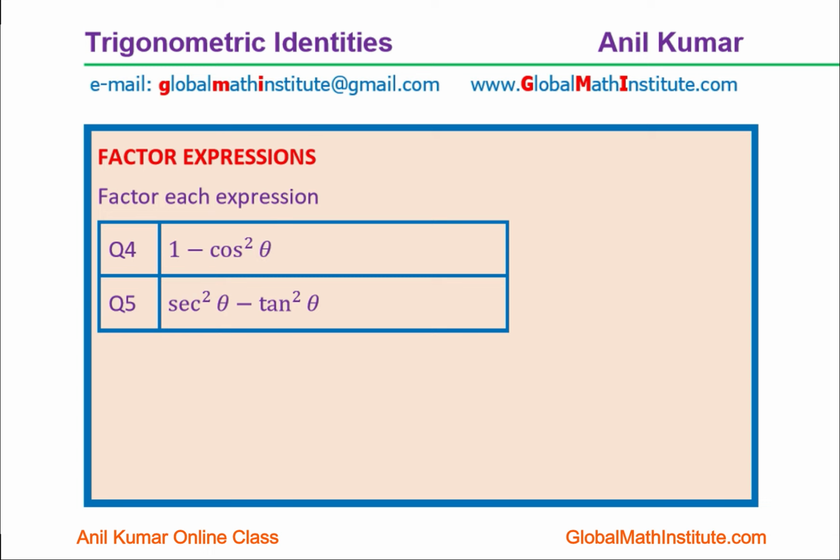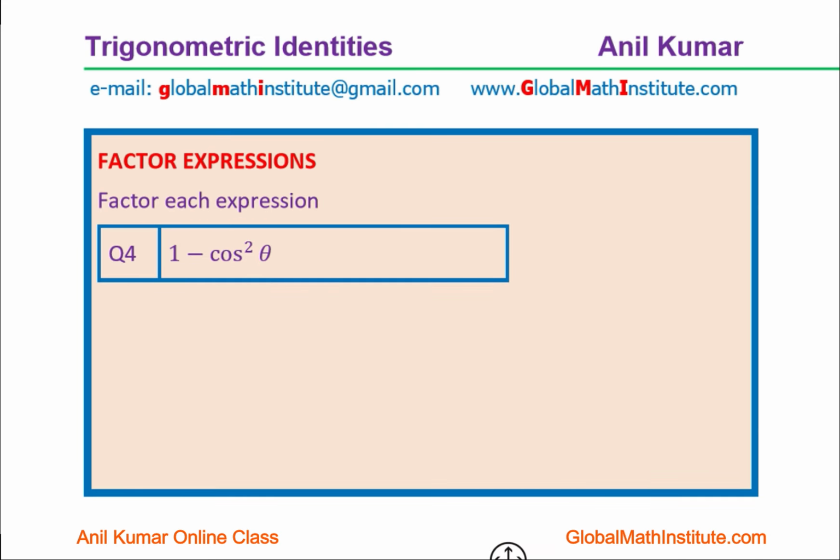Now, in proving identities, factoring is one of the most important things. We'll not only factor these expressions, but we'll also understand how they are helpful. So that is in addition to just factoring. So we have 1 minus cos square theta. How will you factor it? Well, you know, a square minus b square is what?